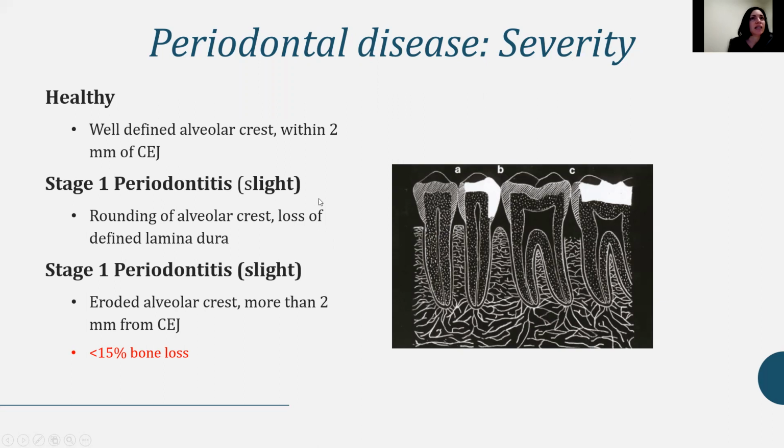In slight, we're going to start to see a little bit of widening of the PDL, maybe a moth-eaten appearance or a little loss of the lamina dura, and it's going to start to round off in the posterior as opposed to being square. We're going to be farther than 2 millimeters away from the CEJ, but less than 15%.